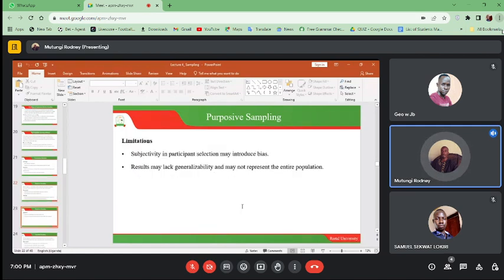The limitation, of course, is we have subjectivity in participant selection, because you might think that it's only the agriculturists who know about these things to deal with planting, harvesting, and yet there are other people who know, okay? So that subjectivity might rob you of important information.